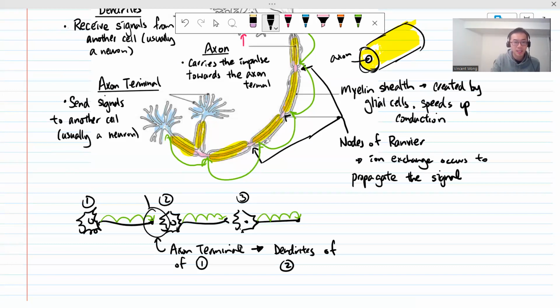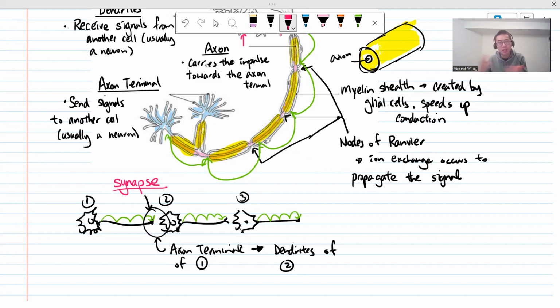And again, I keep on saying this. As we'll see later on in the lecture, that connection between the axon terminal and the dendrite, we have a name for it. It's called a synapse. You probably have heard of this before, right? Like a synaptic connection. You have billions of connections in the brain, all these synaptic connections.